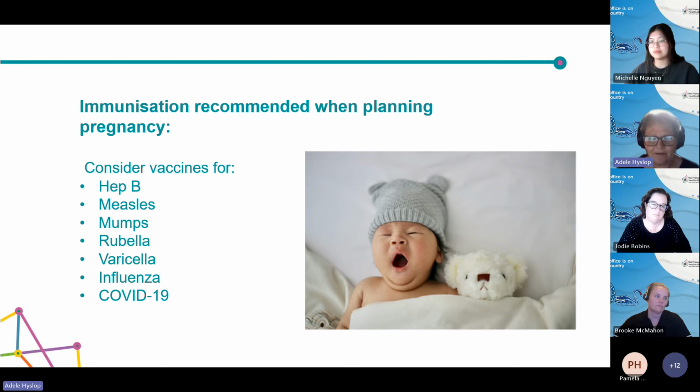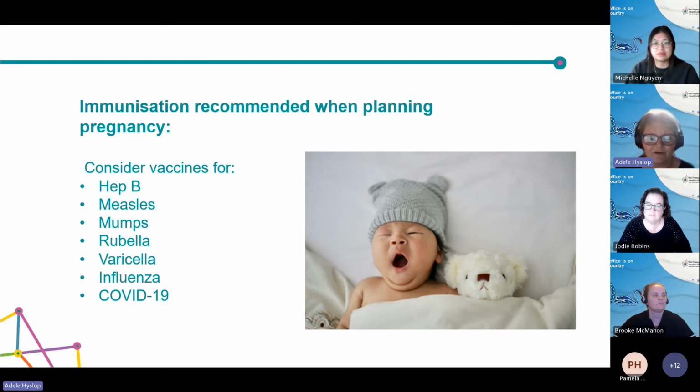Ensure women who are planning a pregnancy are protected against vaccine preventable diseases. Check the immunisation history and give any missed vaccines. If unsure of the history of vaccination or disease, the serology can be checked. Consider vaccines for hepatitis B, measles, mumps, rubella, and varicella.